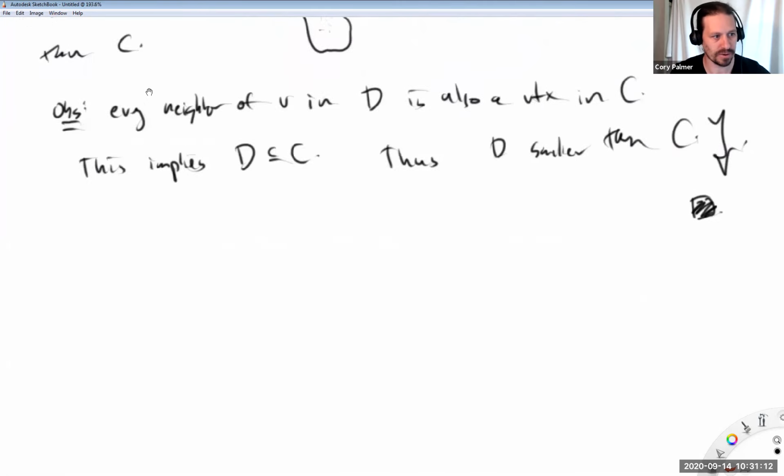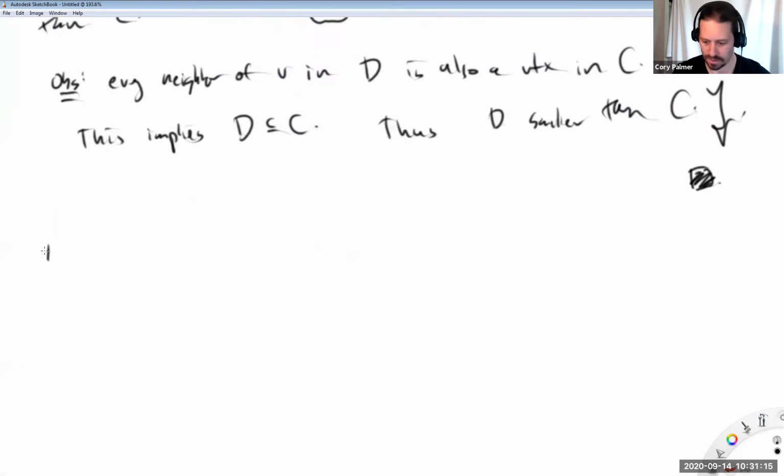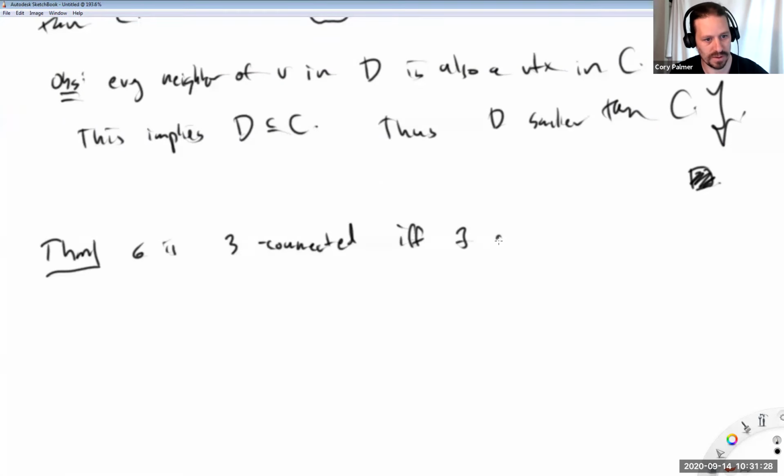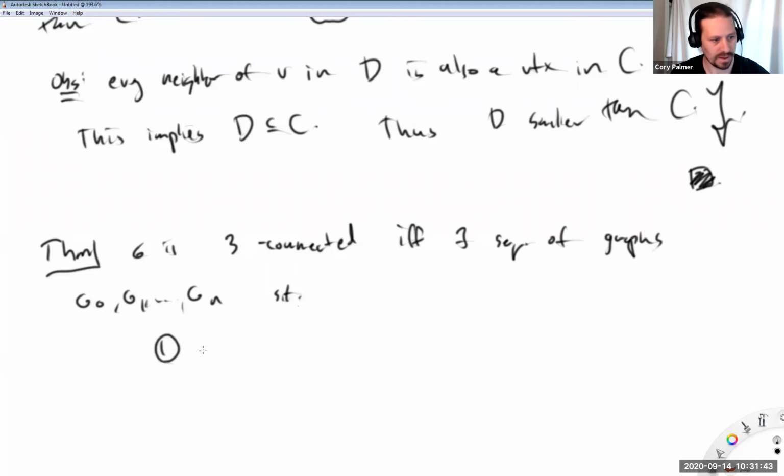So let's prove the characterization theorem now. Yeah, so theorem. G is three connected if and only if there is a sequence of graphs G0, G1, up to Gn, such that the following two simple properties are satisfied.